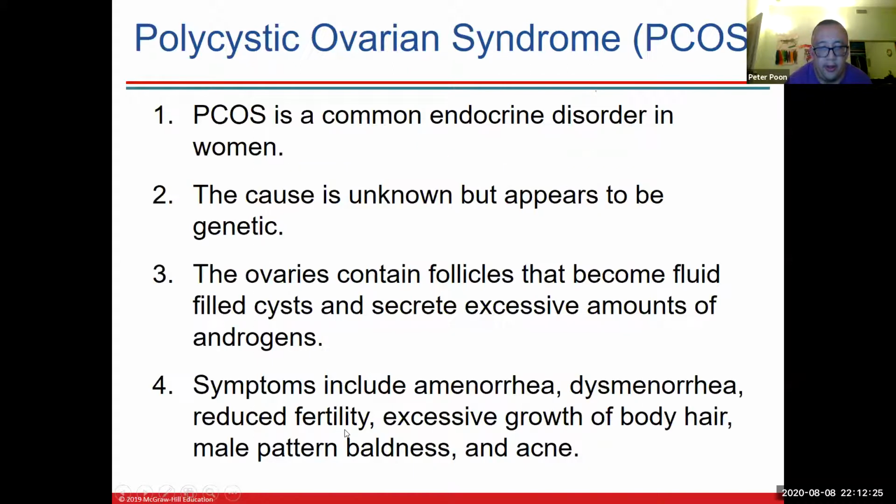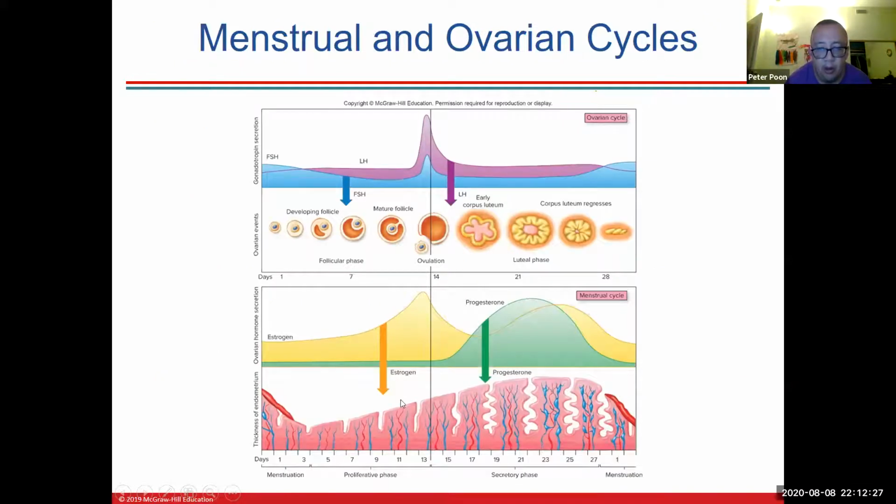Then you go into the proliferative phase, where you proliferate, and then you have ovulation. Ovulation is here, and then you go into the secretory phase. The secretory phase matches the luteal phase perfectly.